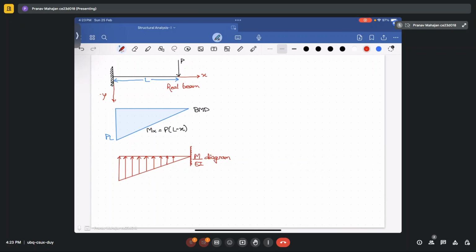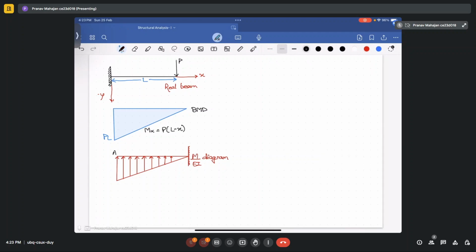So now this is your conjugate beam. For this beam, you have to calculate the support reactions as well as the bending moment at any particular point that you require. Suppose this is our A joint and this is our B joint.